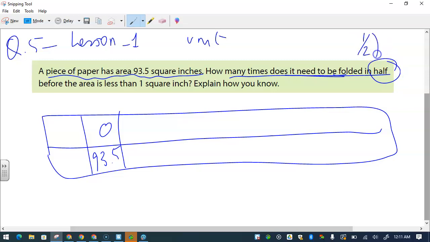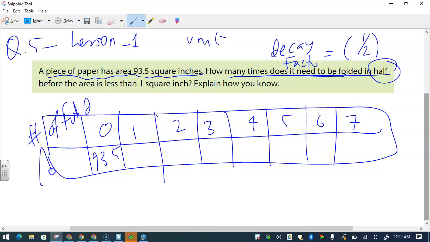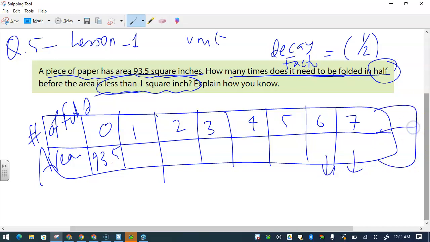That's like a decay factor, which decreases the area. So the area goes on decreasing like this: 1 fold, 2 folds, 3, 4, 5. This is the number of folds, and that's the area, right? When will the area be less than a square inch? The final answer is somewhere down here, 8. We have to get less than that. So what do you do?